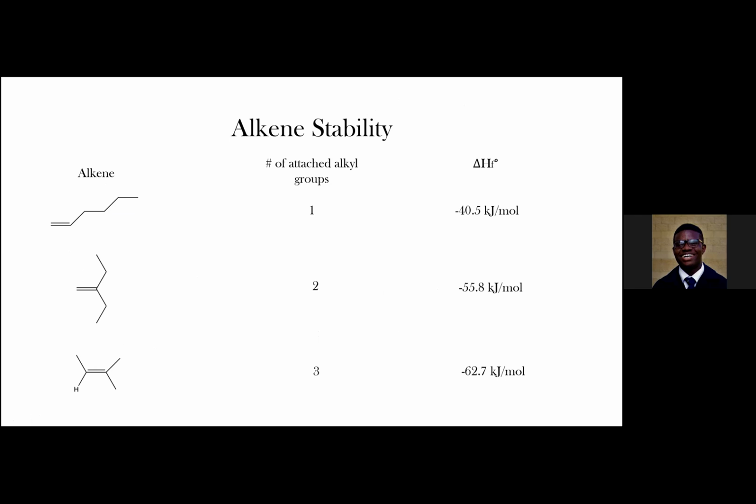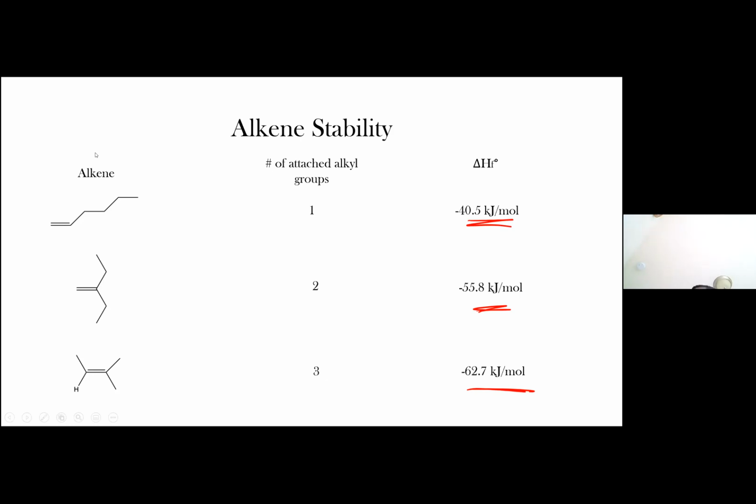So here are three different alkenes, and we have these heats of formation along the sides. Can someone tell me what general trend they're seeing in these heats of formation? The number of attached alkyl groups.